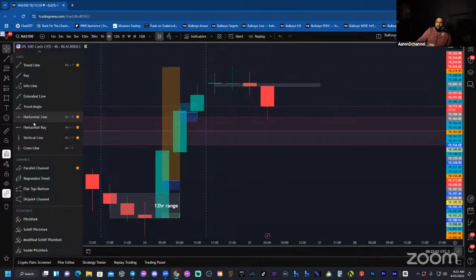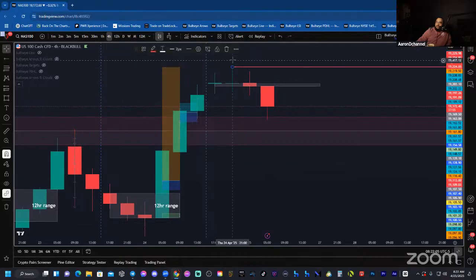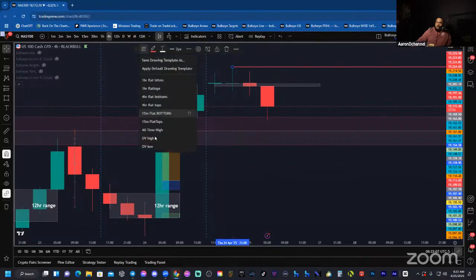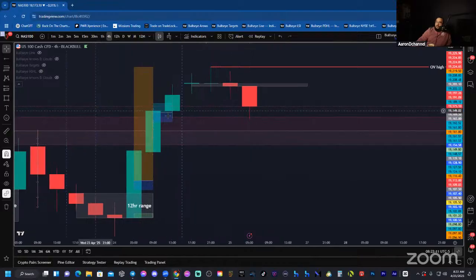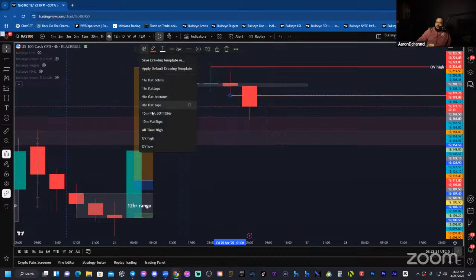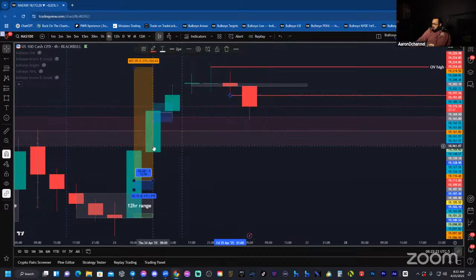Why? Because that's where stop losses are going to be sitting. There's the high right there. Overnight high. Overnight low is still up here, and we could potentially retest it, I guess, but we'll put it up there just so we can see it on a lower time frame.